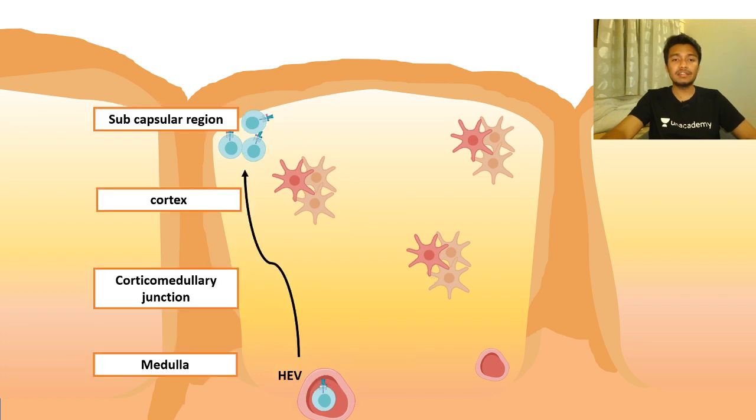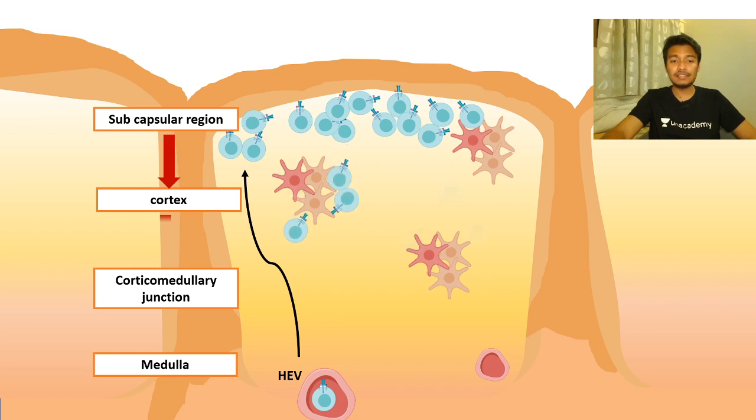From that, they eventually come down across the cortex, then the corticomedullary junction, then to the medulla. In all this transition from subcapsular region to cortex, and cortex to corticomedullary junction, in each case they are interacting with some sort of thymic epithelial cells. And these thymic epithelial cells are working like a teacher. Okay, so the thymic epithelial cells teach them many things. So let's see what the thymic epithelial cell teaches them and how they really select that.